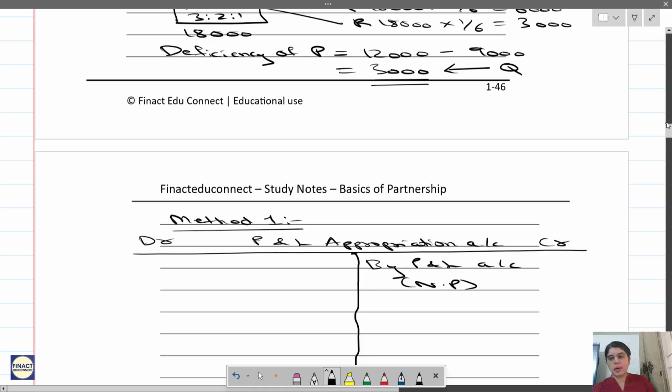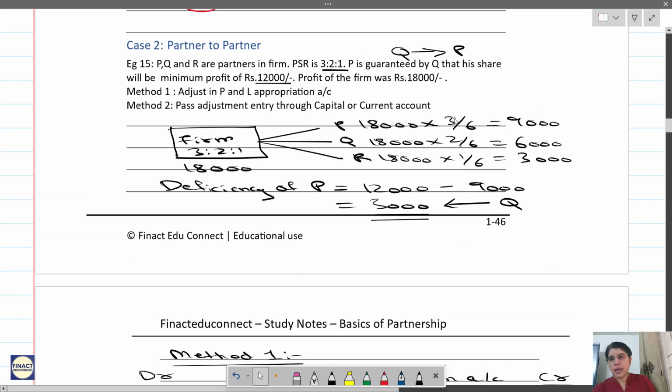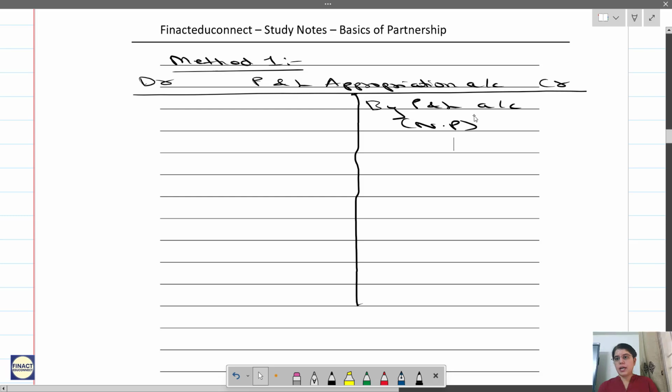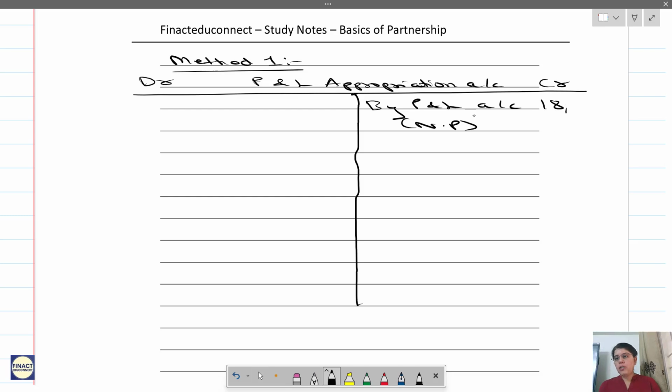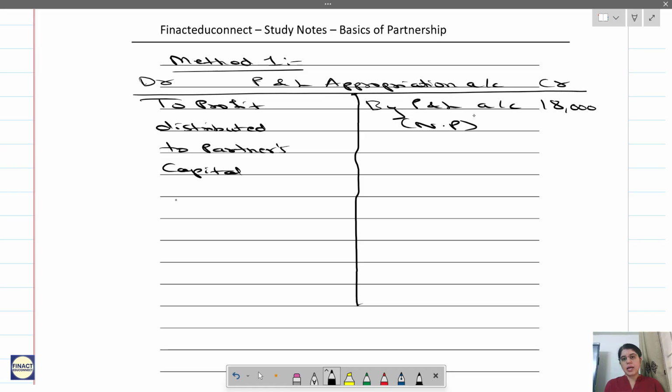How much is the net profit over here? 18,000, correct? So now how will you adjust this? 18,000 over here and distribute it to the partners. So, to profit distributed to partners' capital. What I will do is make an adjustment in the profit and loss appropriation account only.